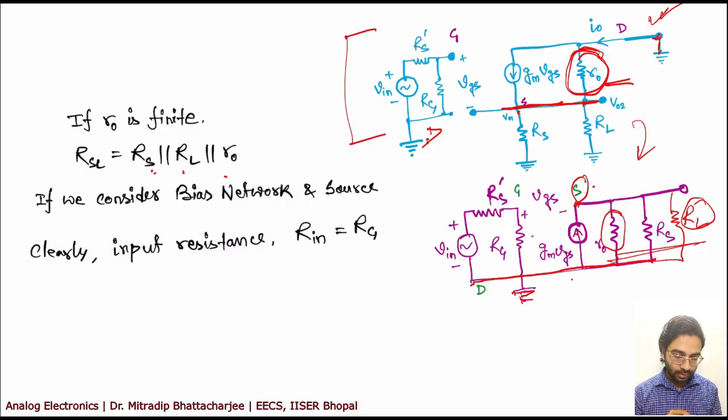Now if you look at the input side, or from this side, what is your resistance? Rin, this is Rg only. So your input resistance is Rg. Now in an amplifier circuit, what are the 4 terms that we generally see? Voltage gain, current gain, input resistance, output resistance.